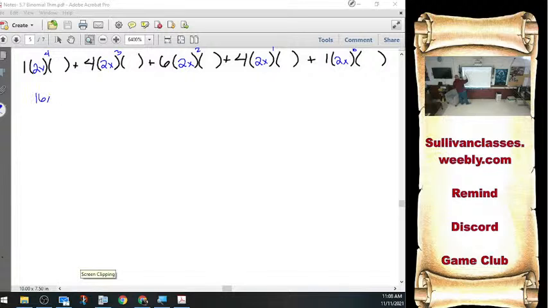Getting 16x to the fourth, 8x to the third, 4x squared, 2x, and 1.